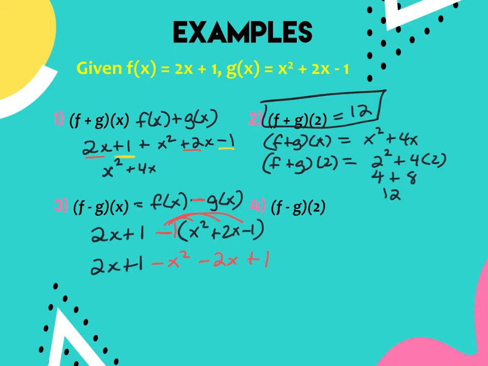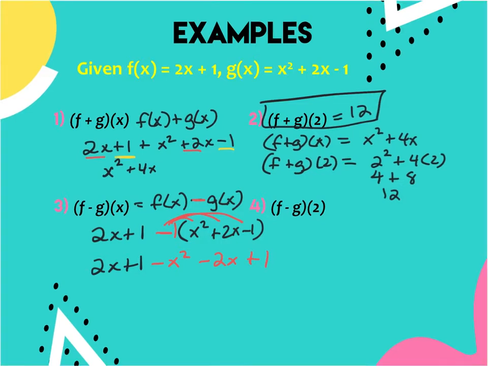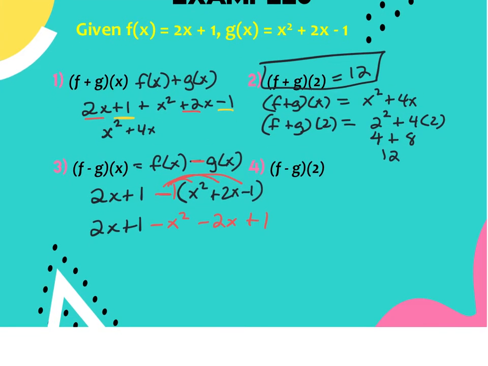Now, just like I did above in number 1, I'm going to go back and look for any like terms that I can combine. Nothing to combine with the x squared, so I just put negative x squared. Then when I go to try to combine the x's, 2x minus 2x is nothing, it's gone. And then I'll try to combine 1 plus 1, and that gives me plus 2.